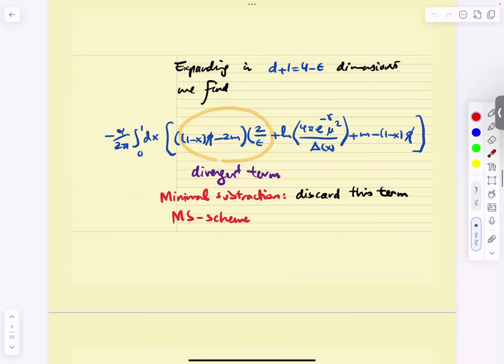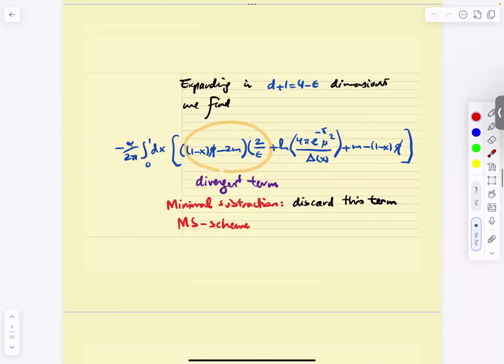You further massage this, and this is what you obtain. Expanding in 1 over epsilon, you end up with 2 over epsilon. Well, this is now what I want you to see: 2 over epsilon plus ln of 4 pi e to minus gamma mu squared over delta x. That piece is identical to the piece that we found before. What sits outside is minus alpha over 2 pi.